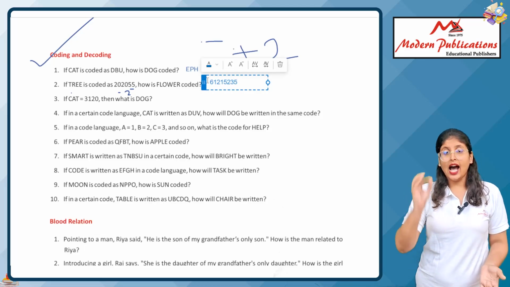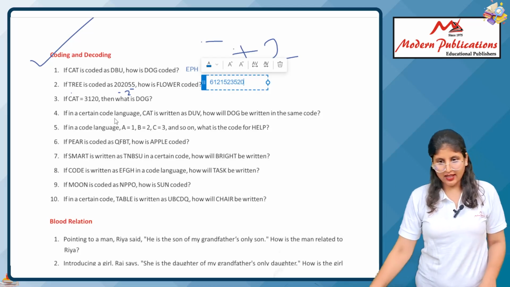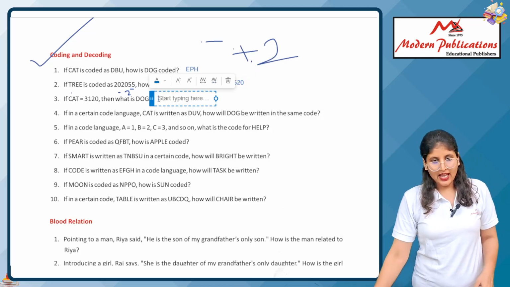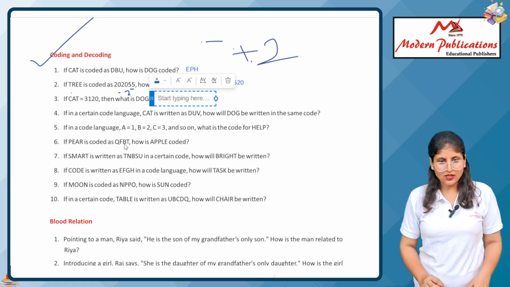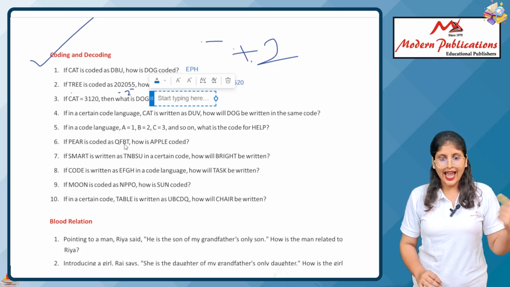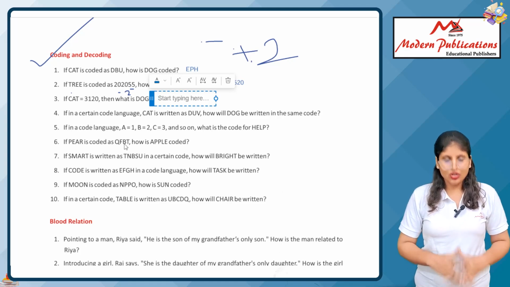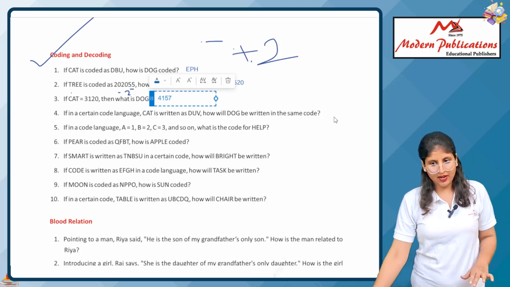And R comes on 18, but we have to plus 2. So it comes 20. Like this we have to write. Okay. CAT written as 3 1 20, meaning we will write the numbers. C comes on 3, A comes on 1, and T comes on 20. So DOG means D comes on 4, O comes on 15, and G comes on 7. Like this we will write.